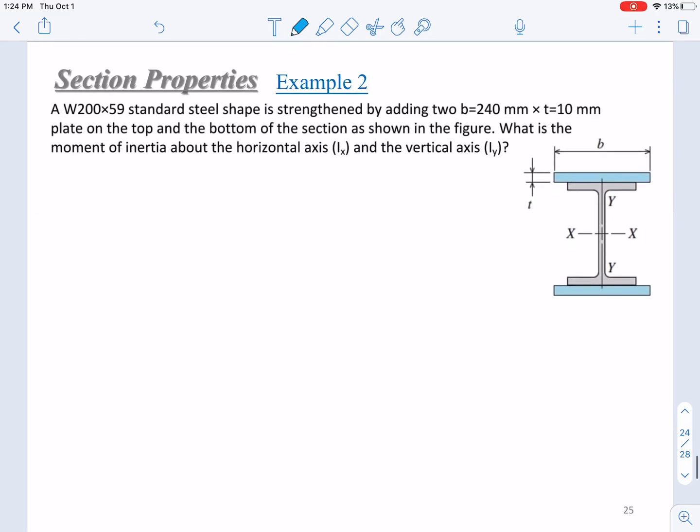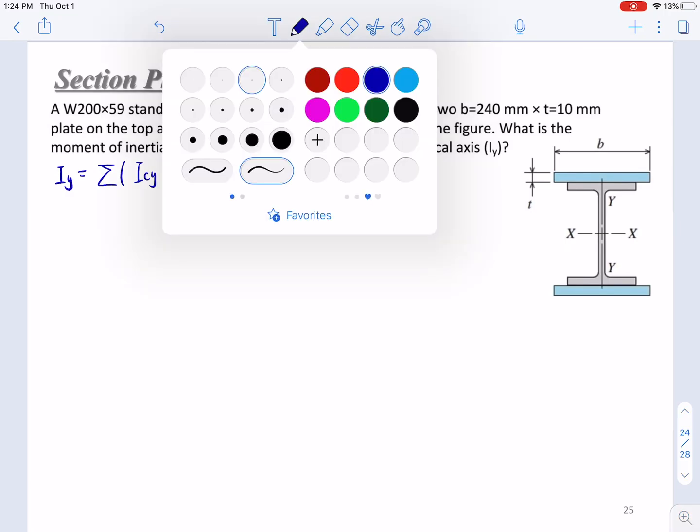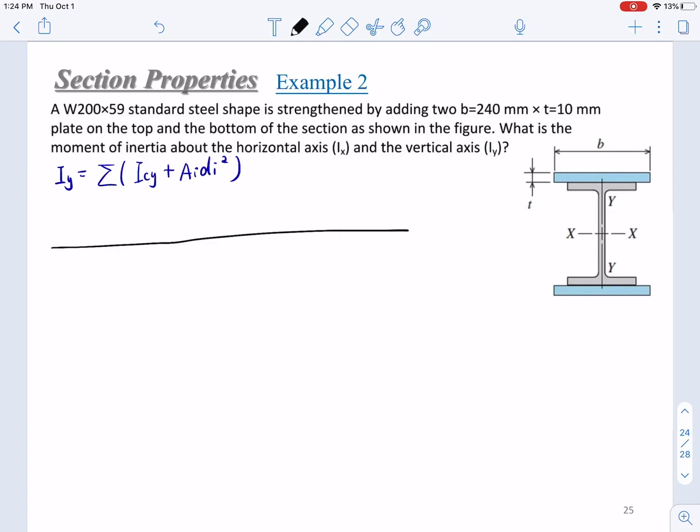Then we also need to determine Iy. Iy would be the sum of ICY plus A_i d_i squared. Again, we need a table.